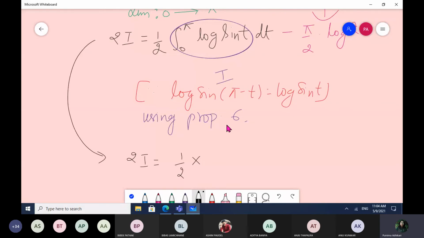According to property number 6, we can change this integral and write it as twice the integration 0 to pi by 2 of log sin t dt. Yes. We have two Abirals in the class.